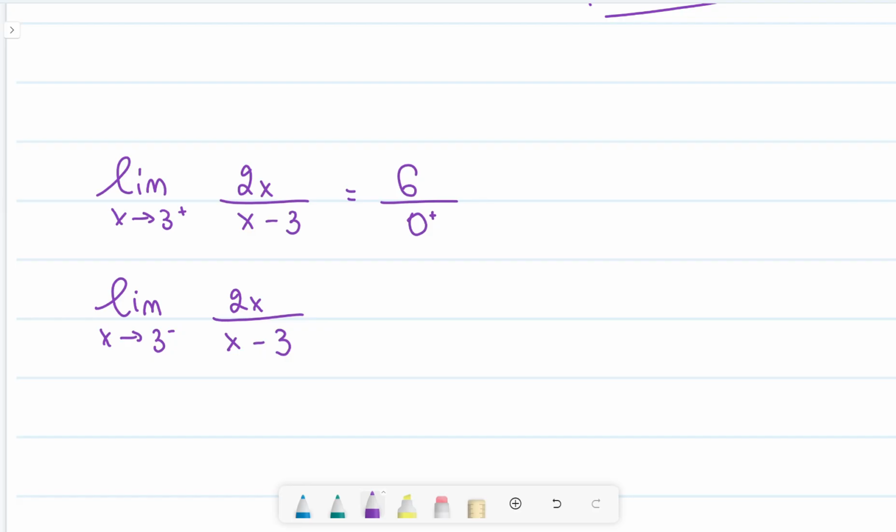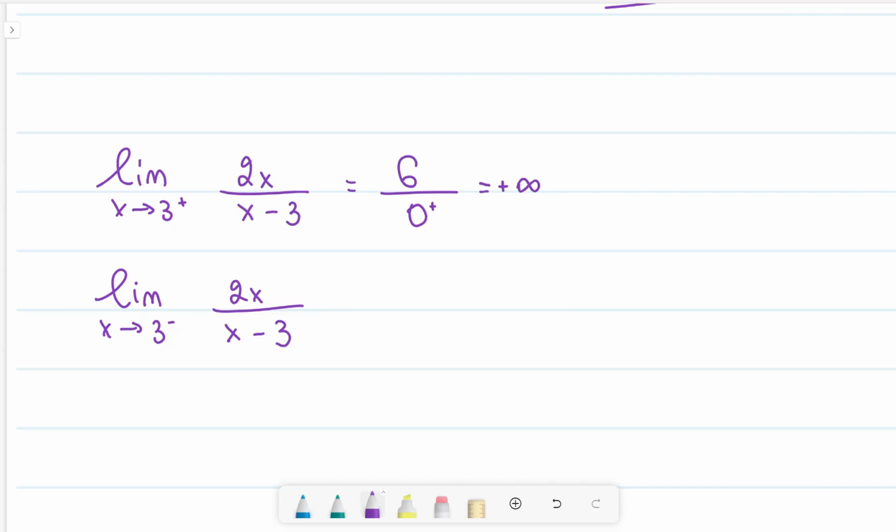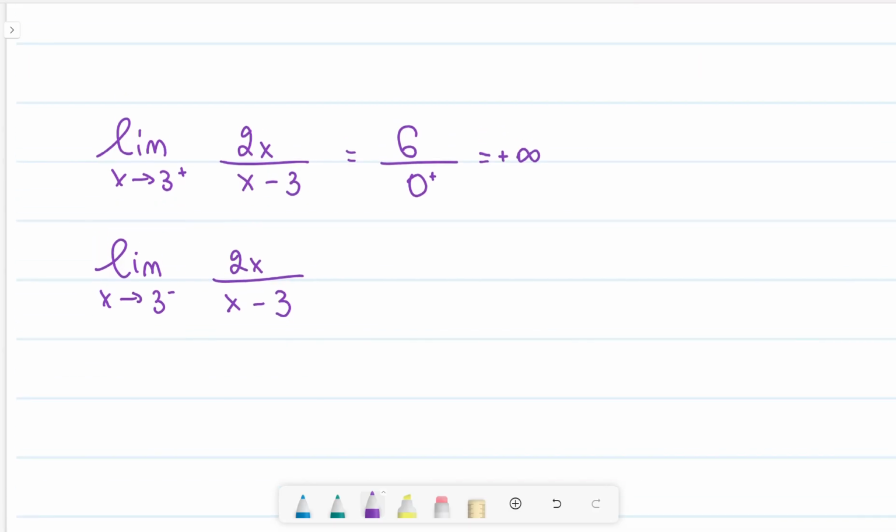So, in other words, the limit of 2x divided by x minus 3 as x approaches 3 from the right is 6 divided by 0 from the right, and this is equal to positive infinity. We will write a property or a conclusion about why 6 divided by 0 from the right approaches infinity.